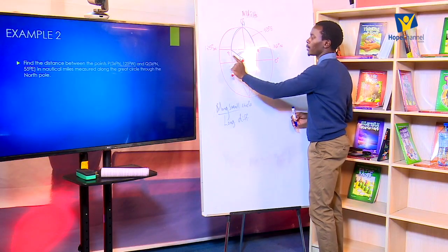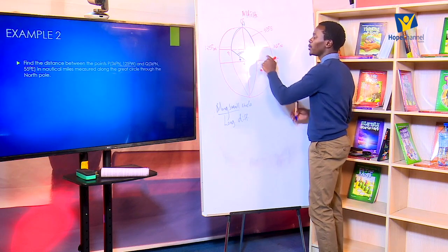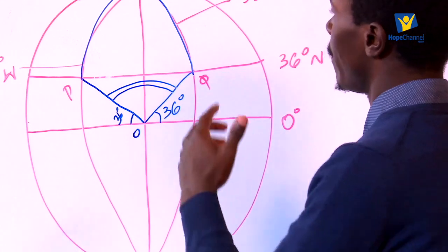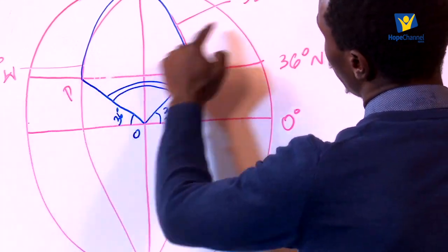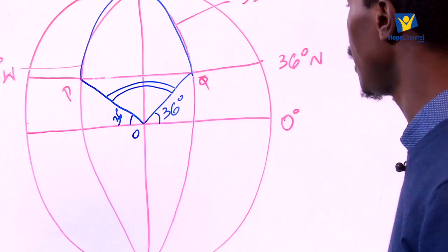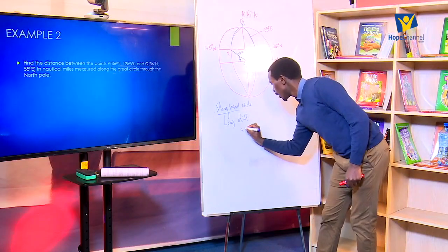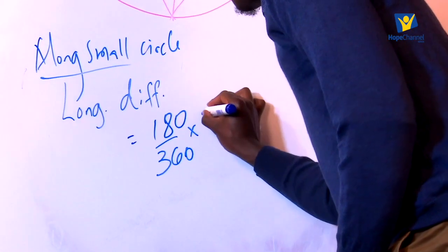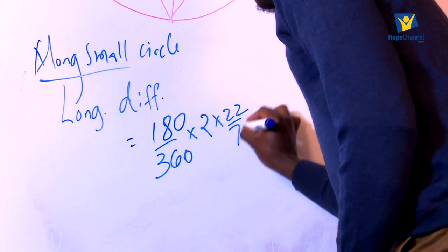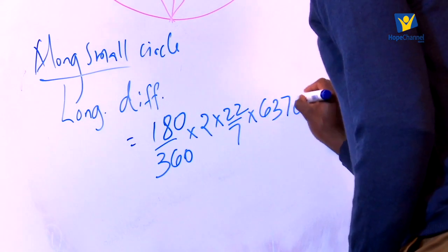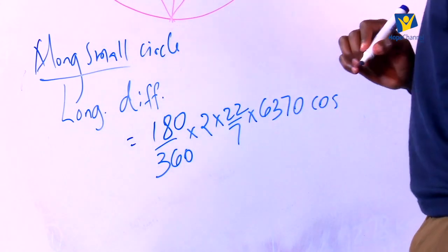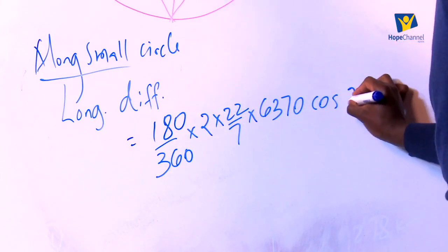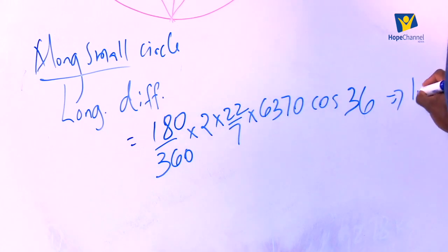P and Q are on opposite sides of the prime meridian, so basically add the two. 125 plus 55 should be giving you 180. So we have 180 degrees over 360 multiplied by 2 by 22 over 7 times 6370, the cosine of the latitude, which is 36. And this one should be giving us kilometers.